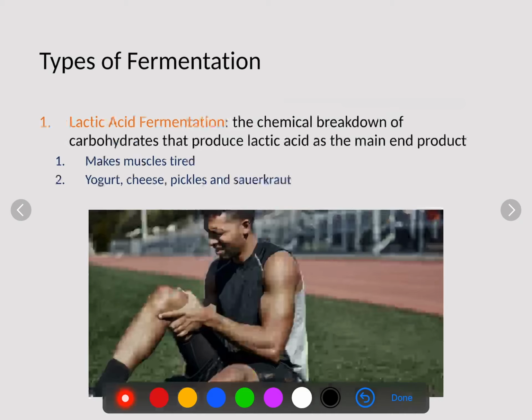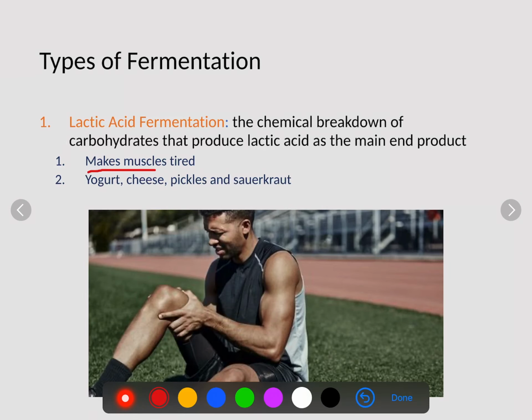Now, the one that's probably more common to you is lactic acid fermentation. So this is the chemical breakdown of carbohydrates, obviously glucose, that produces lactic acid as its main end product. So what this does is it makes your muscles tired. So think about when you're running a mile. About halfway through, your legs start to burn.